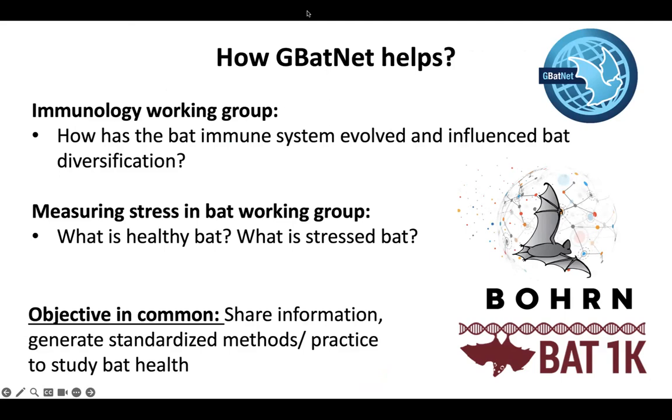We try to build up pieces from the data that we have or could generate to understand bat immune systems. Right now we're figuring out how to tackle the challenges that hinder our study of immunology.